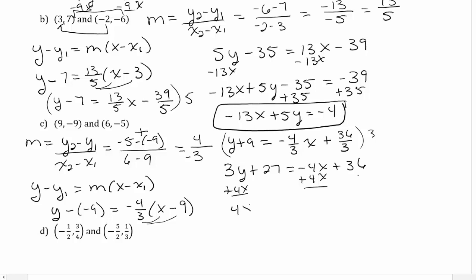So we have 4x plus 3y plus 27 equals 36, and then subtract the 27 from both sides. And we get 4x plus 3y equals, what is that? Is that 9?